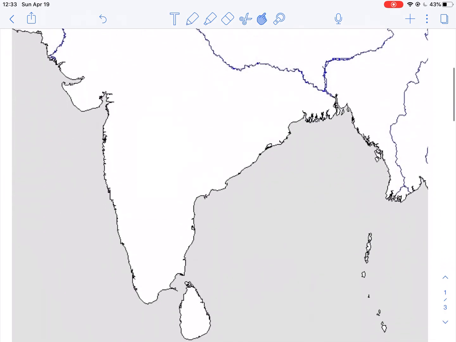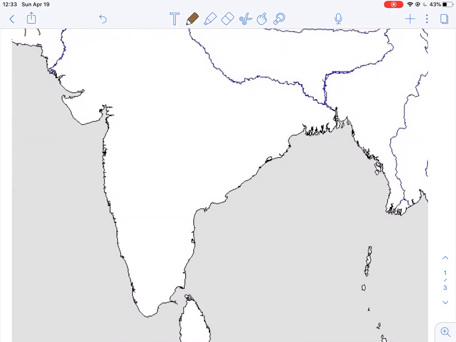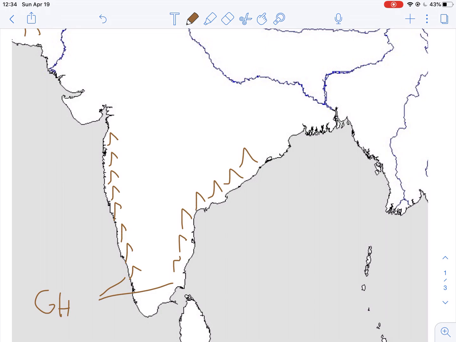Our next set of mountains is going to be further down, and it's actually the same name for 2 different ranges. There's the one on the western side and the one on the eastern side. And these are both called the Ghats, and there's obviously the western and the eastern ones.